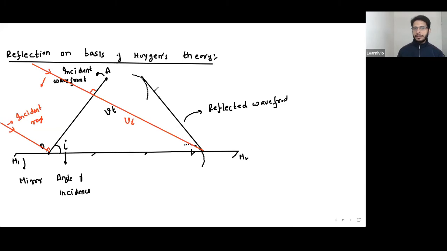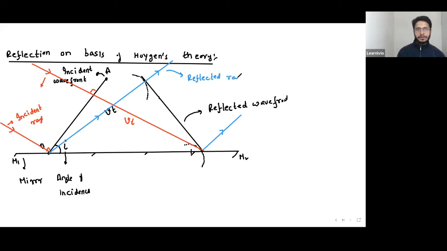Next, we need reflected rays. Reflected rays are perpendicular to the reflected wavefront. I'm using another color. These blue color rays, perpendicular to your reflected wavefront, are the reflected rays.